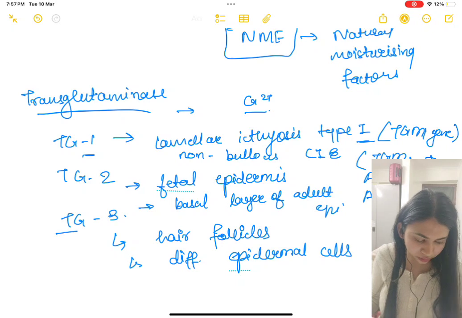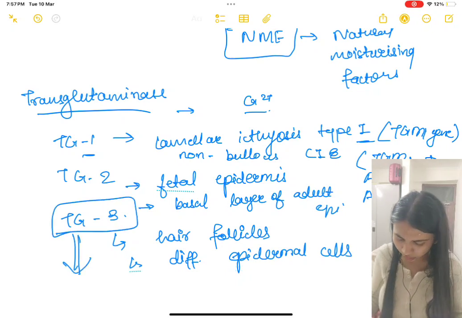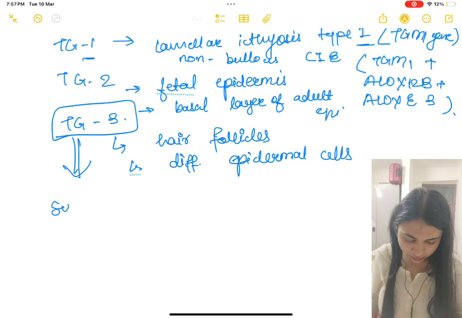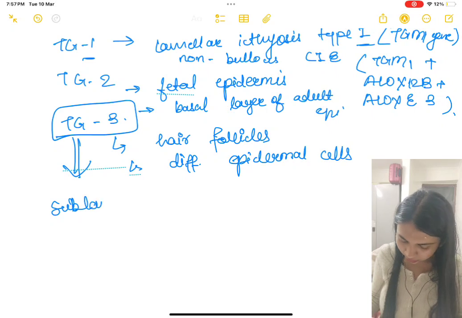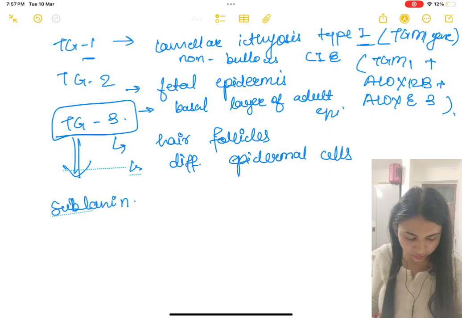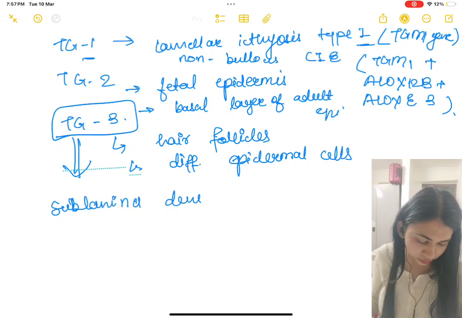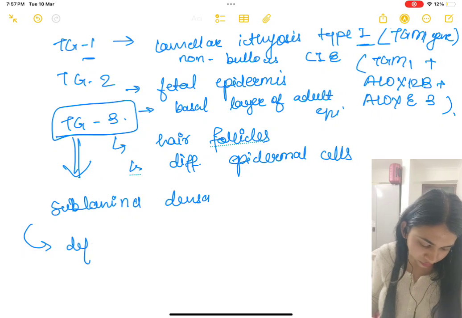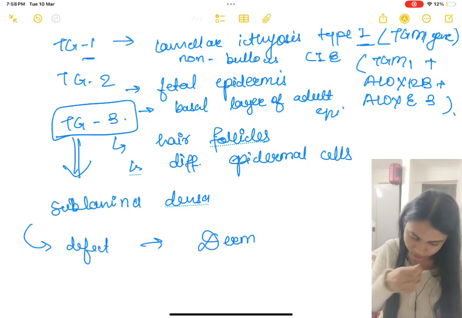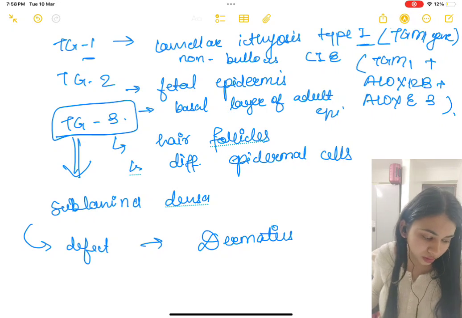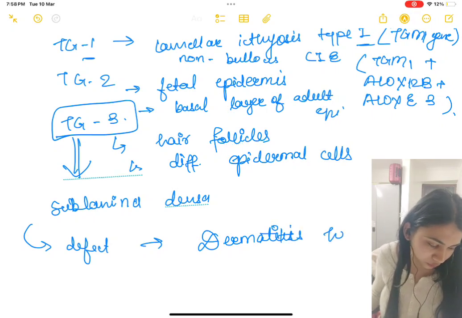Transglutaminase 3 is important as it is present in the sublamina densa, and a defect in transglutaminase 3 causes a very important disease, dermatitis herpetiformis. You can see anti-tissue transglutaminase antibody in dermatitis herpetiformis, right?